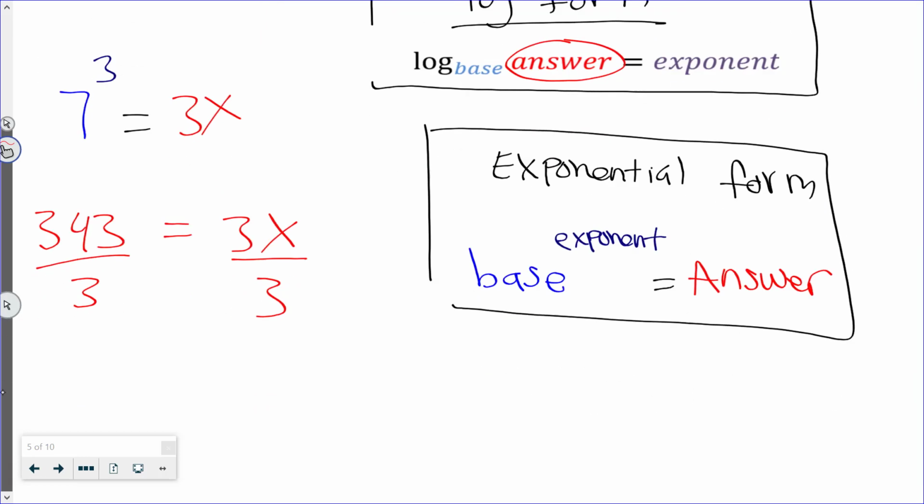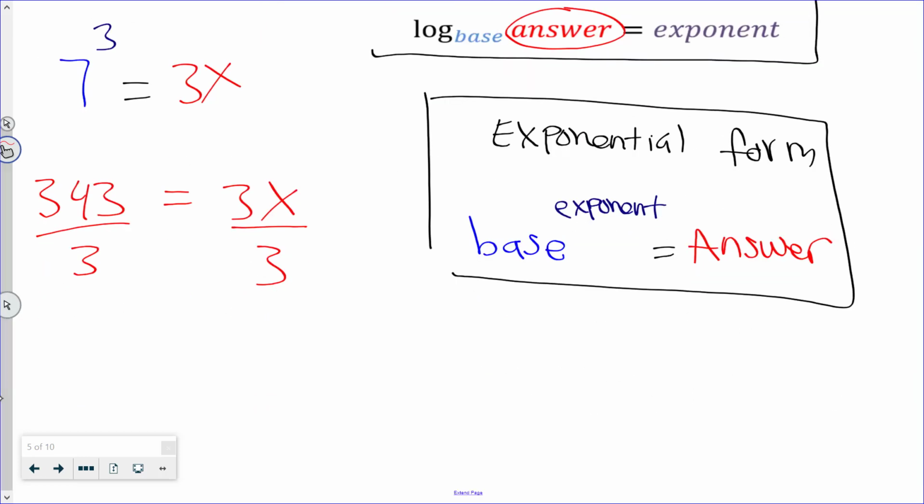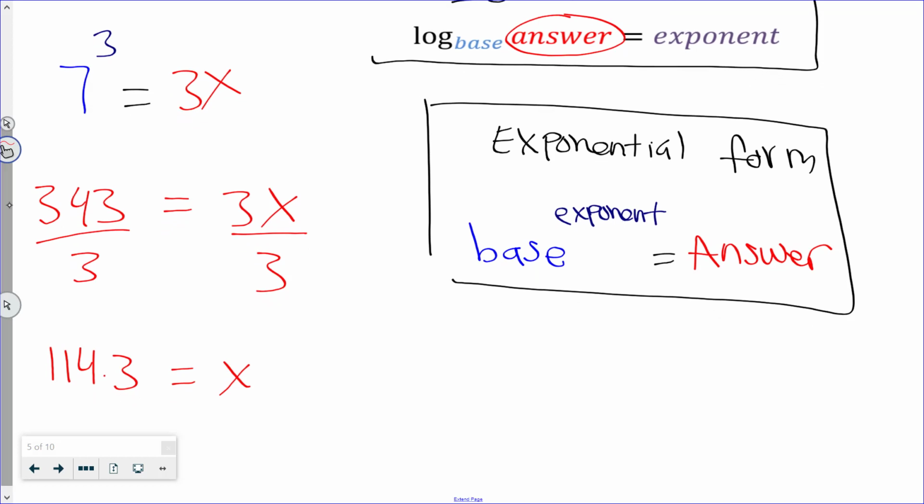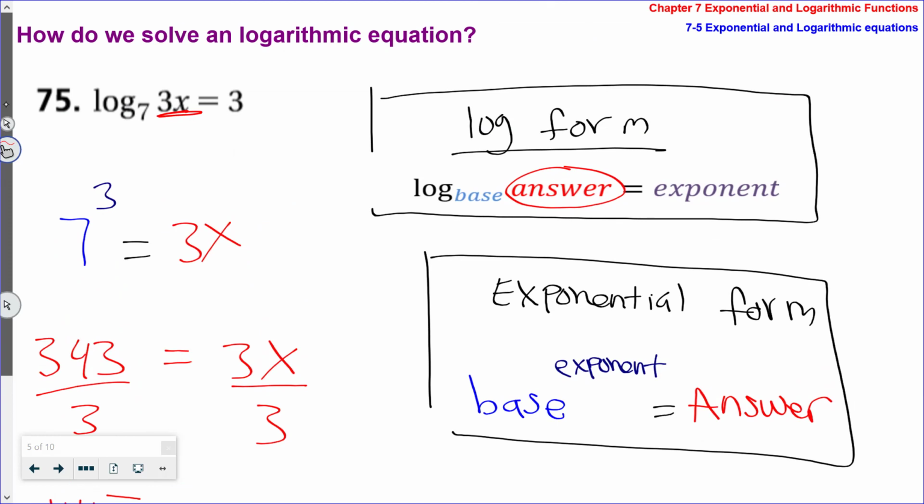And x is equal to what? 114.3. Are there any other decimals, or did it just stop after that? Repeating? All right. 114.3 repeating is the value for x. That was our first example.